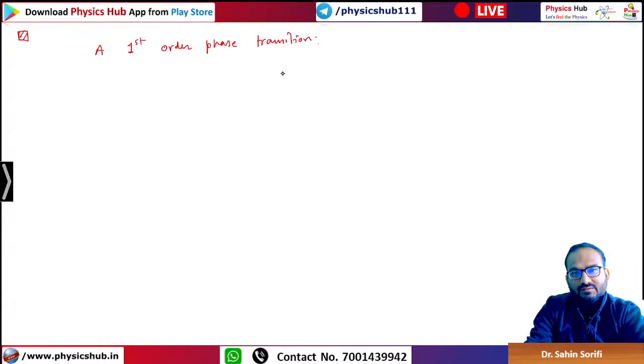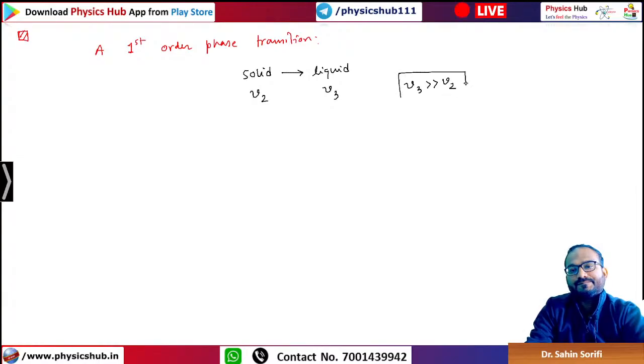We are considering that a solid is turning into a liquid. This is a phase change. Let's say the volume of solid is V2 and volume of liquid is V3. Obviously, the volume of liquid will be much more than the volume of solid.